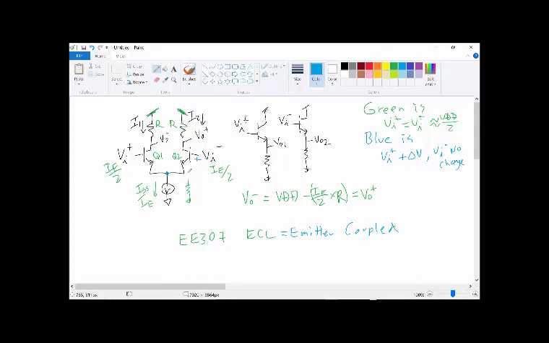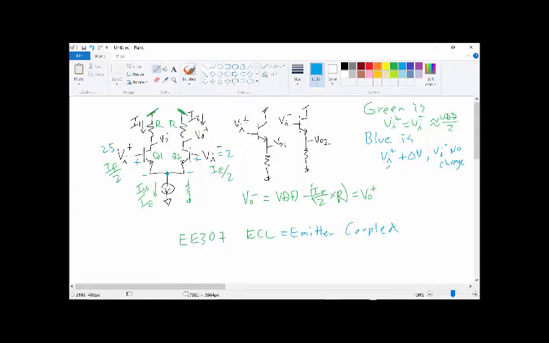Now if I raise VI plus some amount, the VI minus didn't change, so there's some VBE on both of these. But since they share the same E, if I raise VI plus, now the VBE on the VI plus side is definitely going to be bigger than the VI minus side. Let's say this equaled 2 volts and this equaled 2.5 volts or something like that. They both share the same emitter.